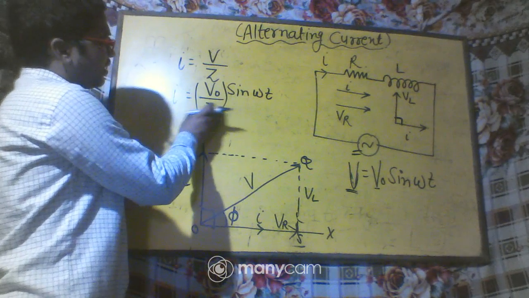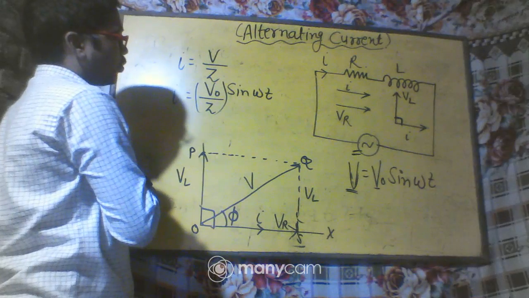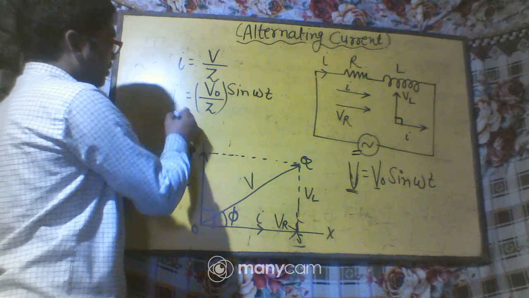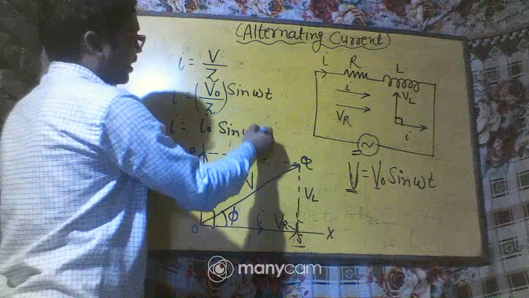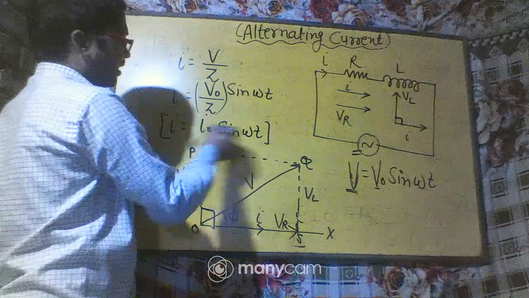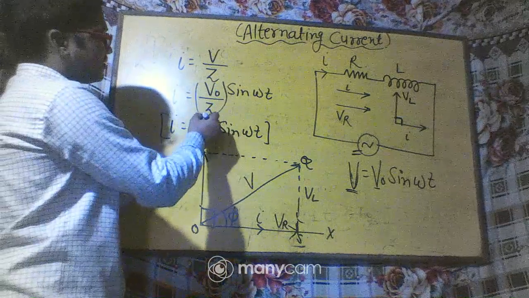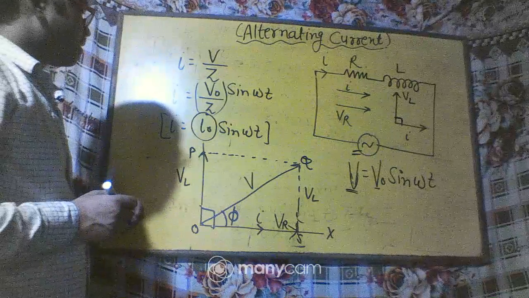Now the maximum value of current will be V naught upon Z when sine omega t is equal to 1. So you can write V naught upon Z is equal to I naught, so I is equal to I naught sine omega t, where I naught is equal to V naught by Z. This is the maximum value of the current.